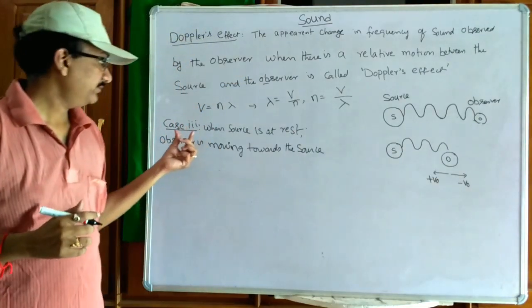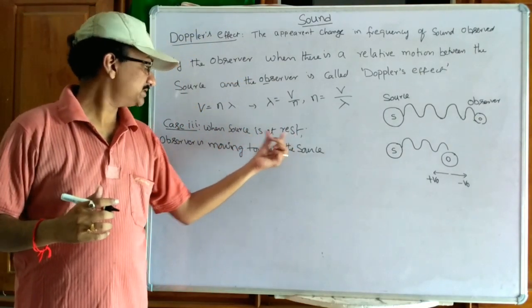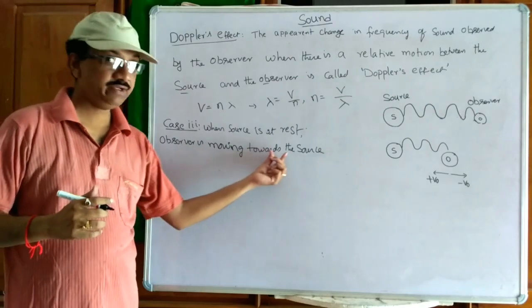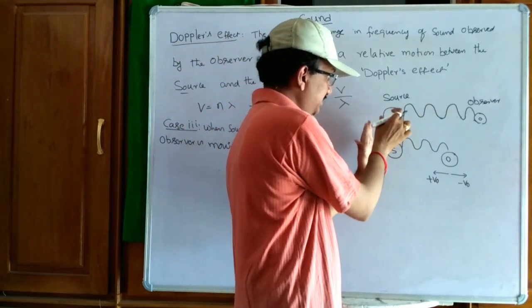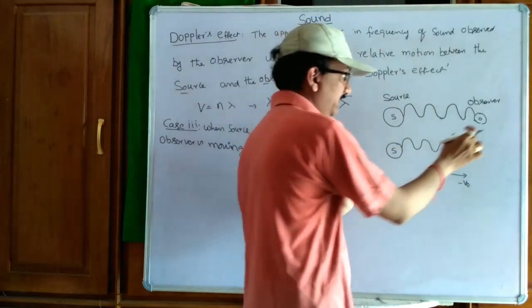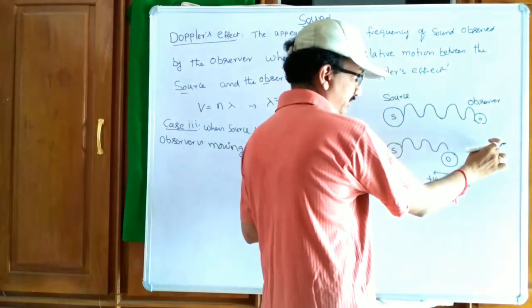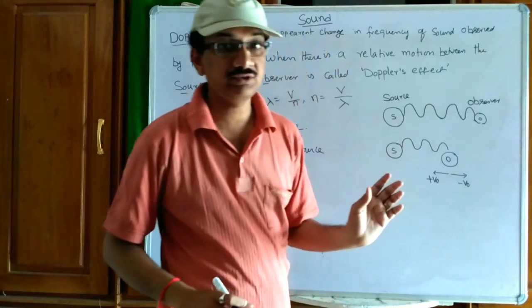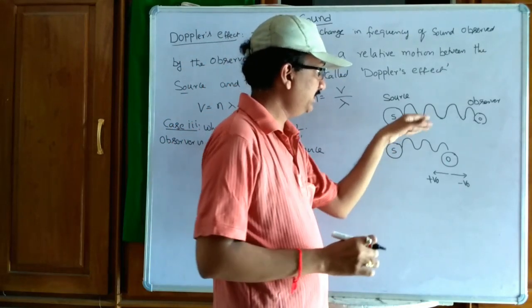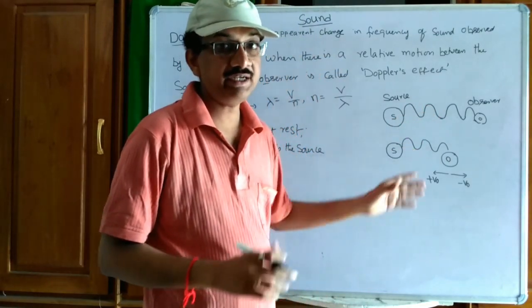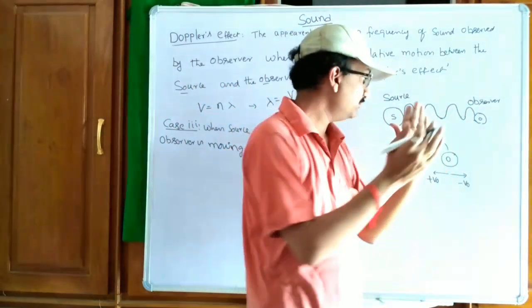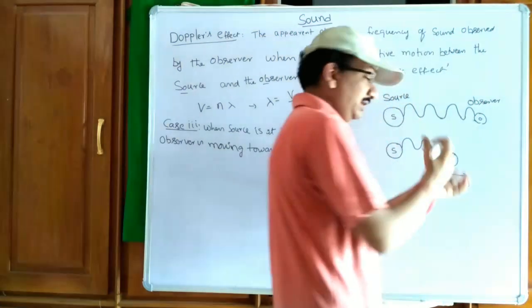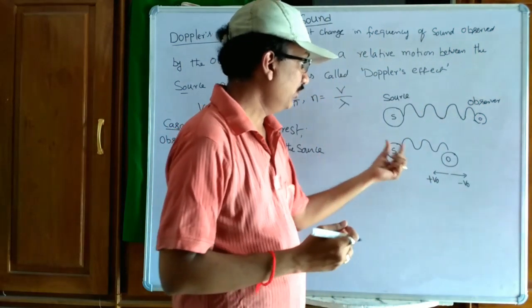In case 3, when the source is at rest, the observer is moving towards the source. Here the source is at rest in the same position, but the observer is moving towards the source. Means what happens? There is no change of apparent wavelength. That means the wavelength will be as it is, but the observer receives more waves.